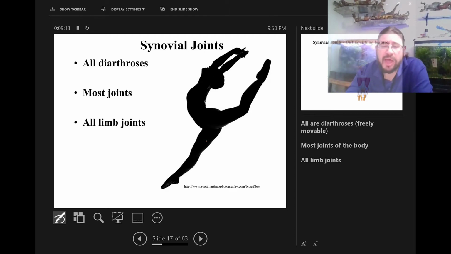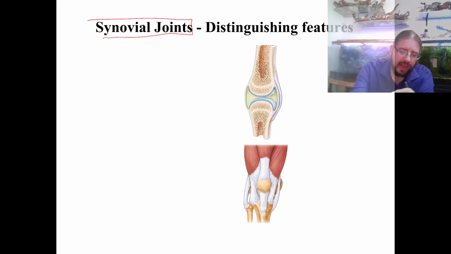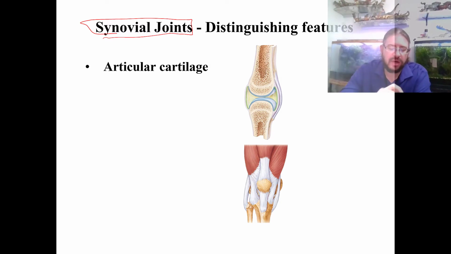So now on to the distinguishing features of synovial joints. So what are the distinguishing characteristics of a synovial joint? Well, I mentioned at the start that these are rather complicated joints. You will not be disappointed. So things to mention about these. They have articular cartilage.